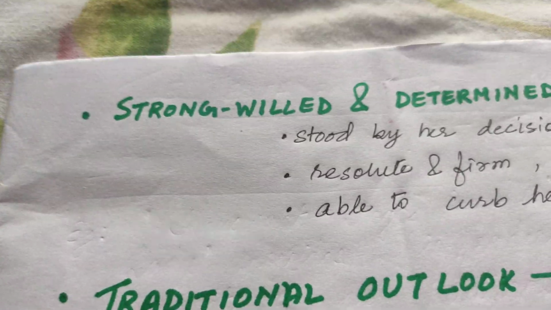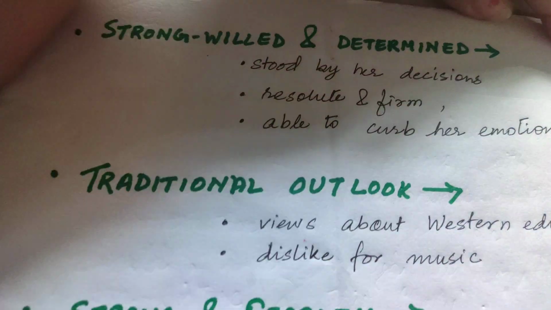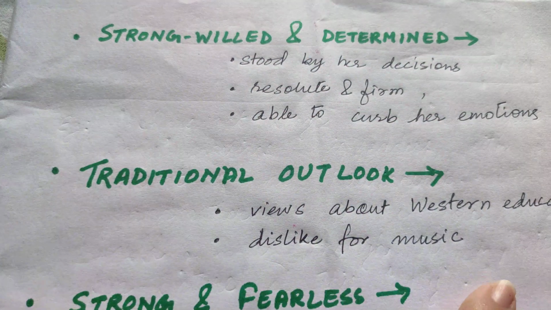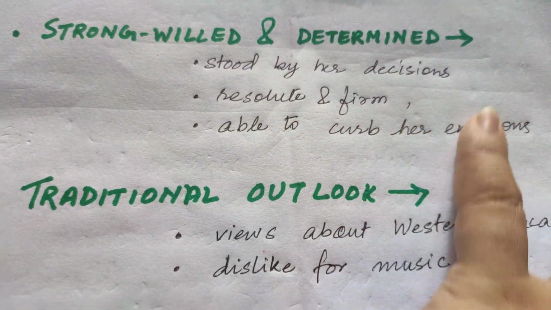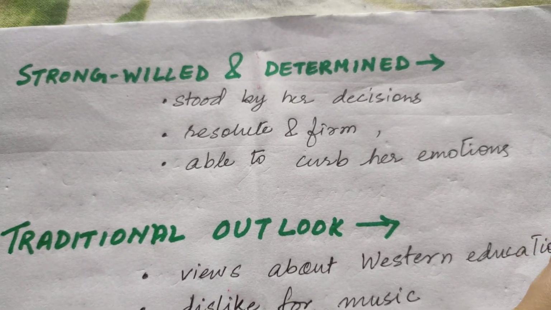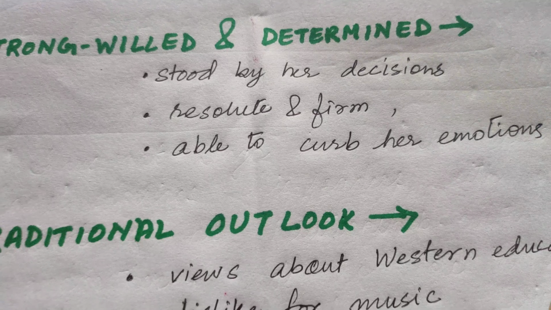Now, another quality that comes to our mind is her strong willed and determined nature. It is seen that the grandmother stood by her decisions all the time. She was resolute and firm, and she was able to curb her emotions. This is one quality that makes her indeed a lady. She did not break down easily.